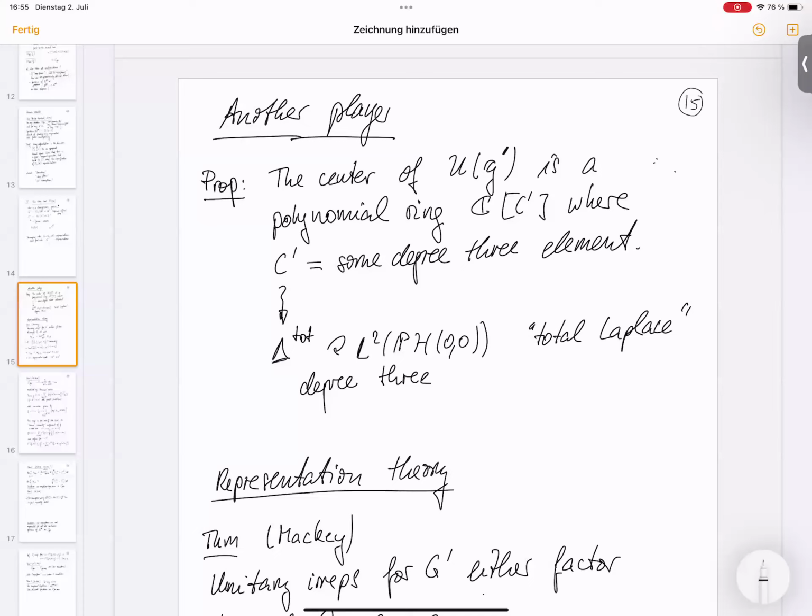It's a polynomial ring generated by some element C prime, which happens to be a degree 3 element. And that gives another, in quotes, Laplace operator, which we call the total Laplace operator. It's a degree 3 operator, and it will help us classify things and sort things out.